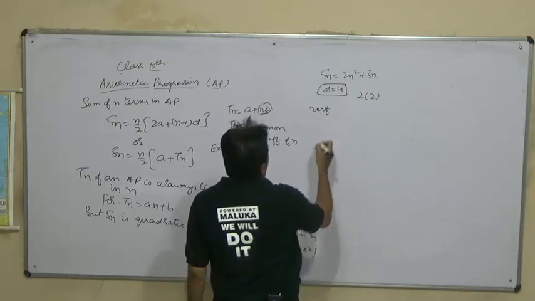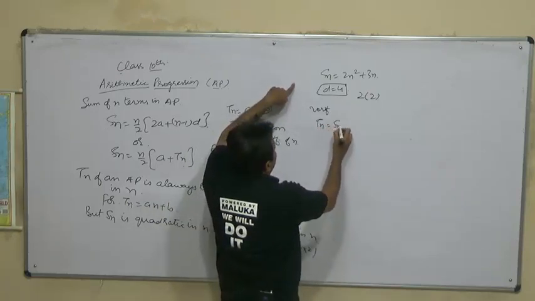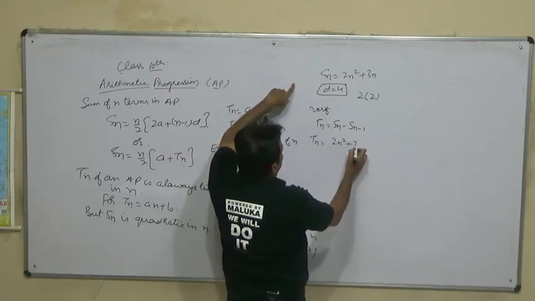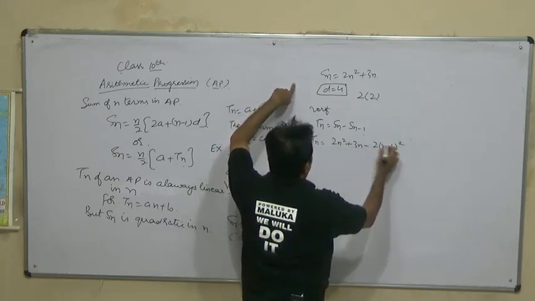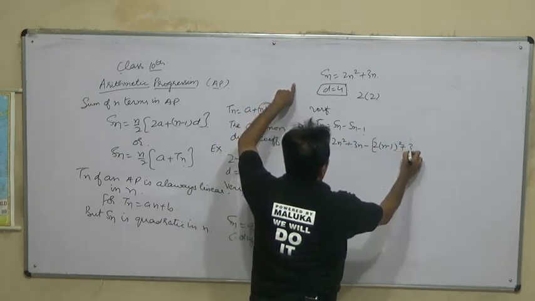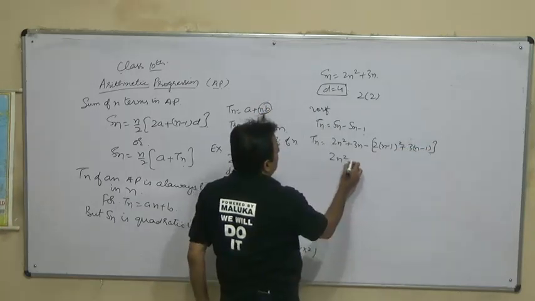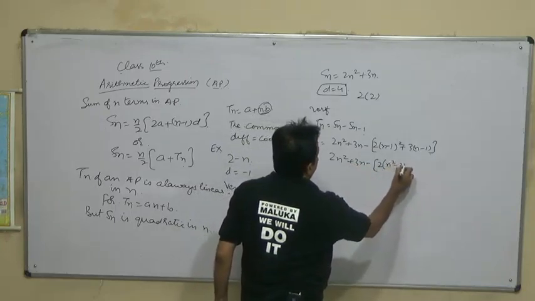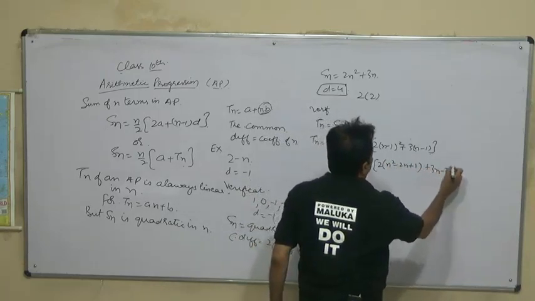So first we find the linear term, that is Tn given by Sn minus Sn minus 1. So Tn is equal to 2n square plus 3n minus 2 into (n minus 1) whole square plus 3 into (n minus 1). So this will be 2n square plus 3n minus 2 into n square minus 2n plus 1, minus 3n plus 3.